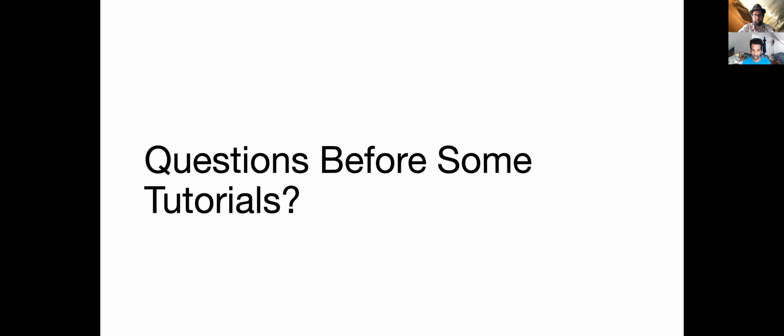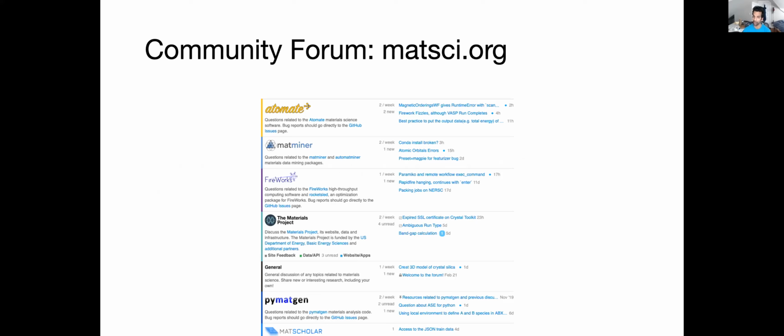the next step. Before I go into the tutorial, I want to highlight this. We've built a community forum we call matsci.org. It's segmented based on some of the projects that we have. There is a section for the Materials Project. There's a code that we have called Atomate, which is really our high-throughput workflow.